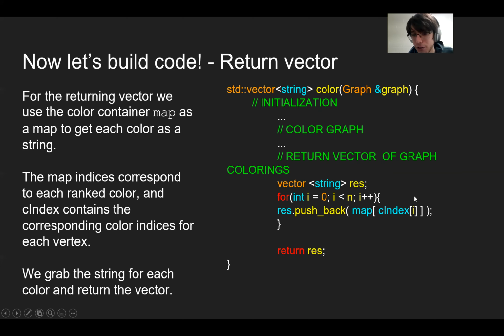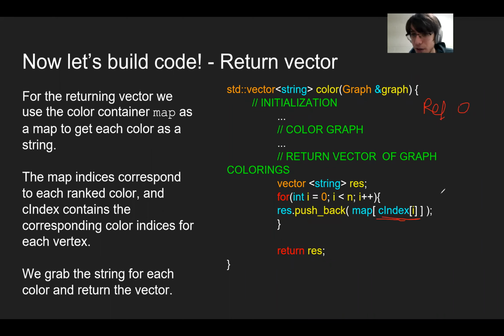So if i is 0, that is our 0th node. So we're going to get what color we colored it, what color we colored node 0, or which number. C index is going to give us the number, right? It's just going to give us 0 because it's the 0th number in our list. And then map 0 is red, because, if we think about that, it might be confusing. We have red as 0 priority, or the highest priority, so 0.